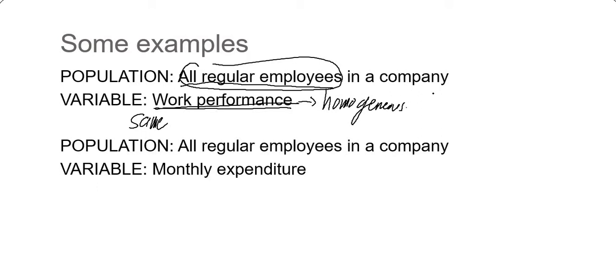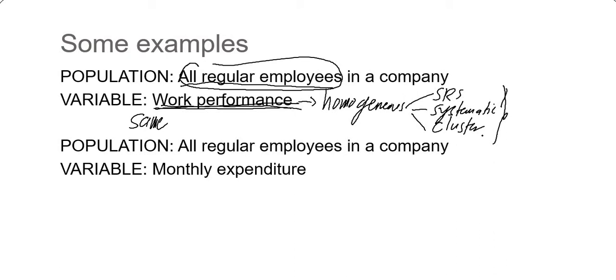Therefore, we can use SRS, systematic, or cluster. Now, this depends, of course, on the initial assumptions that we have on our regular employees. More or less, regular employees would have a standard of work performance depending on that industry, and probably we can say that it would be homogeneous and we can select this one.